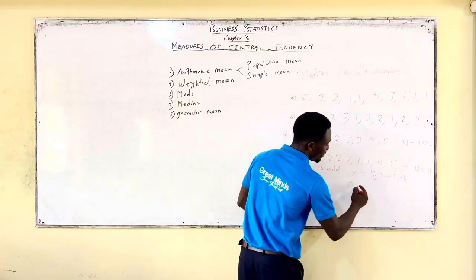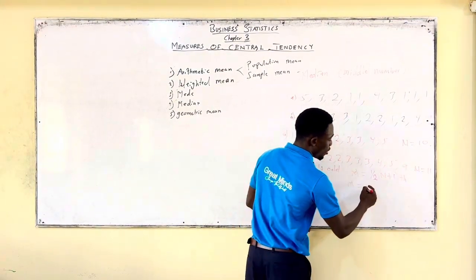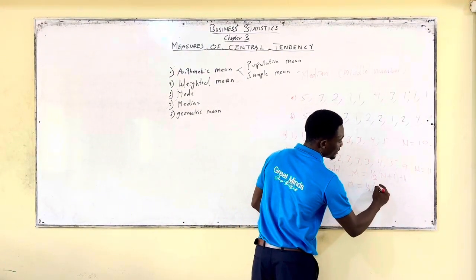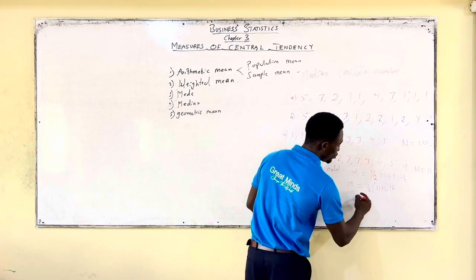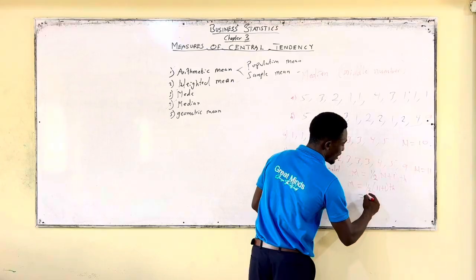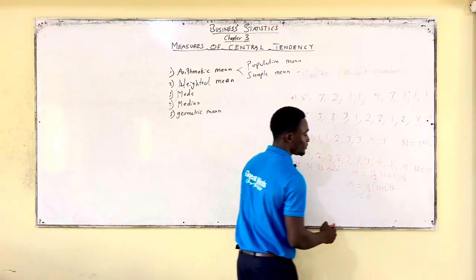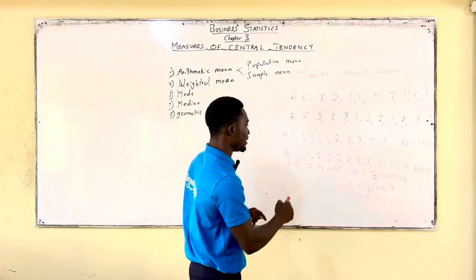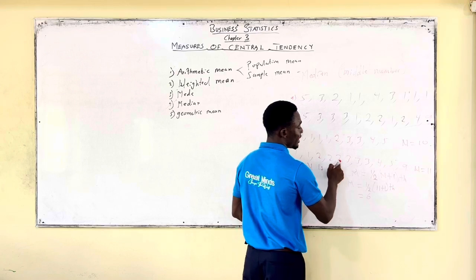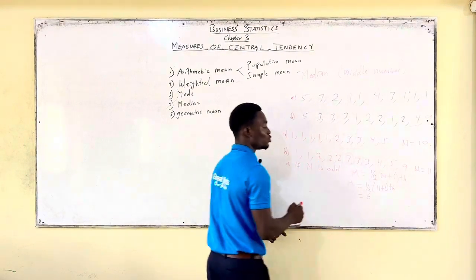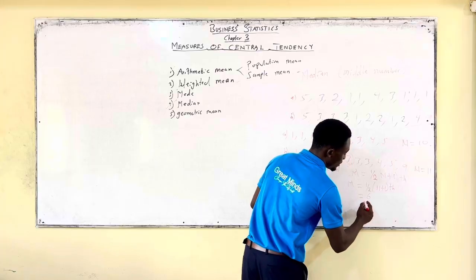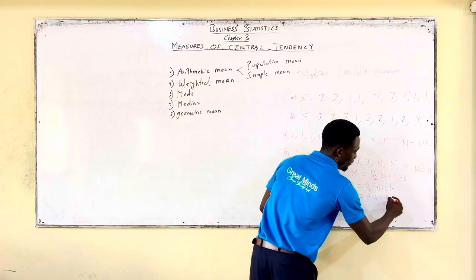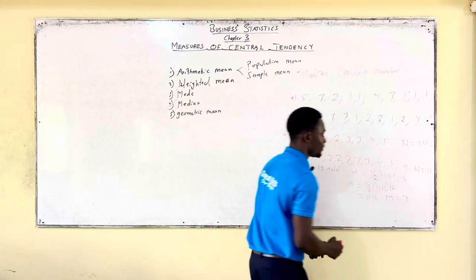So here we have median equals half of 11 plus 1, which is half of 12, which is 6. So the sixth number: 1, 2, 3, 4, 5, 6, 3. So the median is equal to 3.